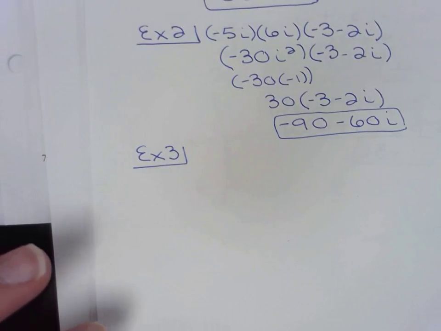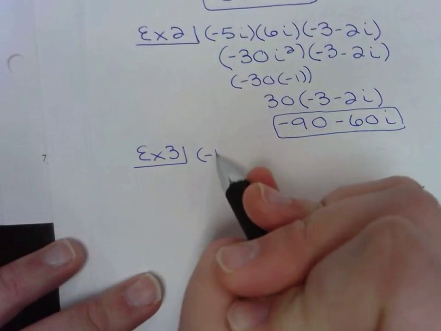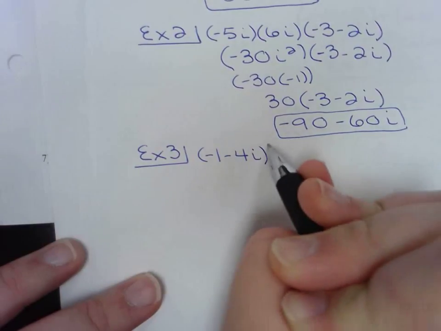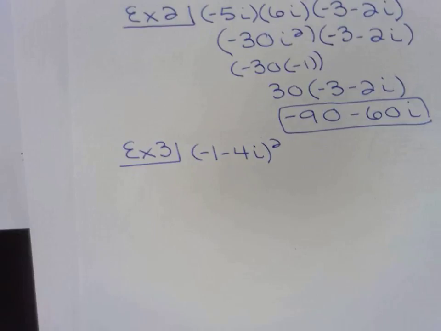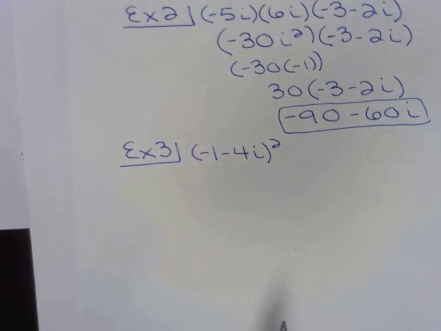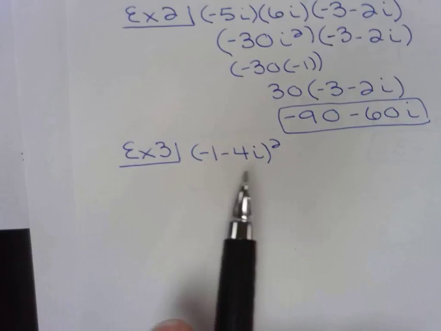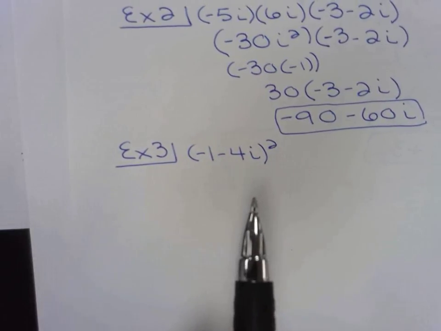Example 3, listen up. What if I have this? Negative 1 minus 4i, squared. We've done one like these before. How do I treat this one? We're not trying to solve, so we're not trying to get rid of the square. What does squaring something mean?